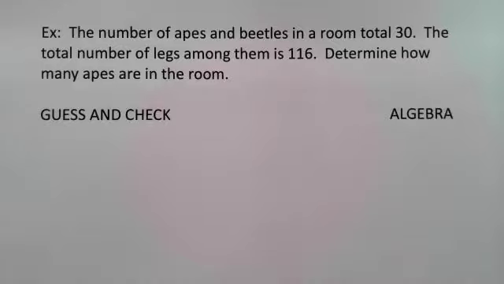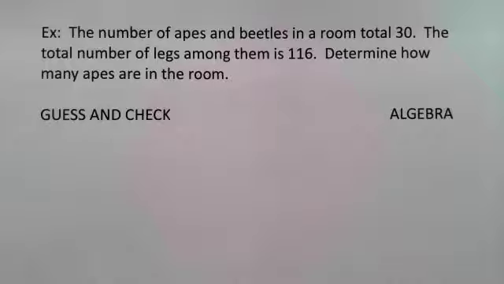So just living your life, your typical day, you come across a room, you notice there's a bunch of apes and beetles in there. I think there's 30 of the things total, right? And then you just count the legs and you say, hey, there's 116 legs. How many apes must be in that room? That's what the question's asking.